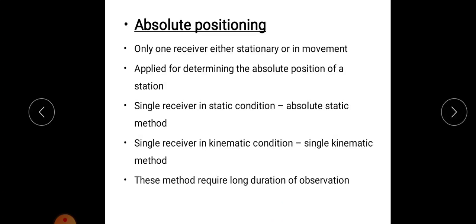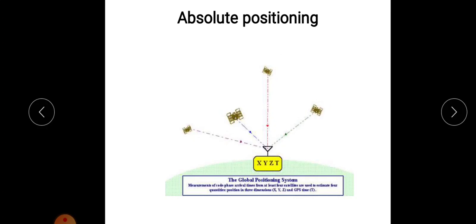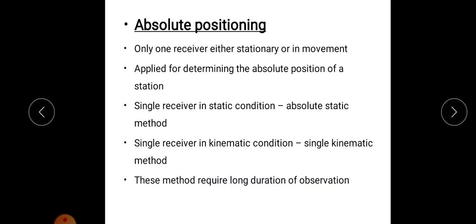Next we can start with GPS surveying methods. Mainly, the GPS surveying method is classified into two types. First, absolute positioning. Second, relative positioning. In absolute positioning, there will be only one receiver, and it may be either stationary or in movement.